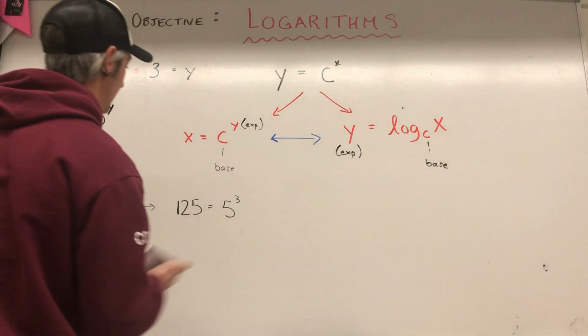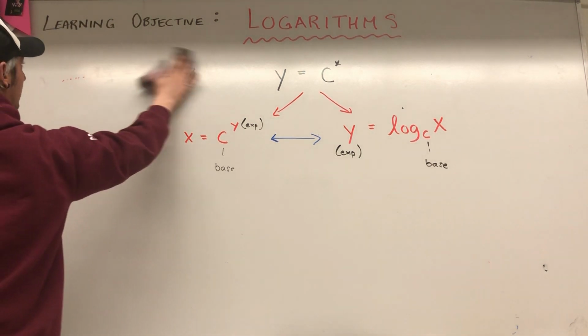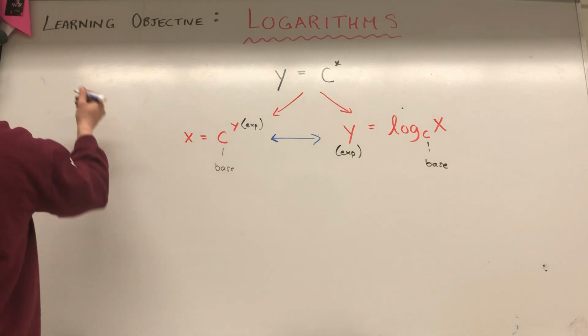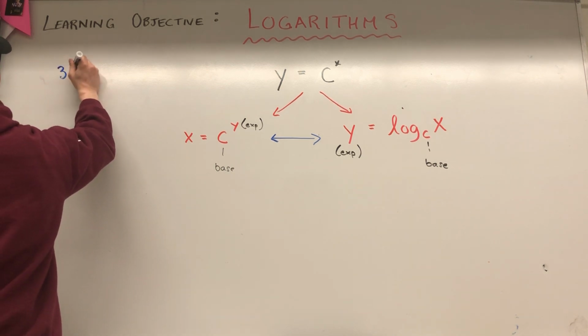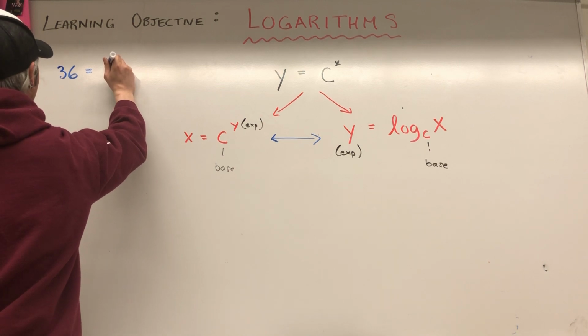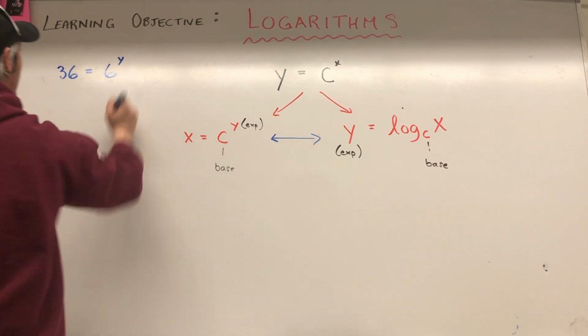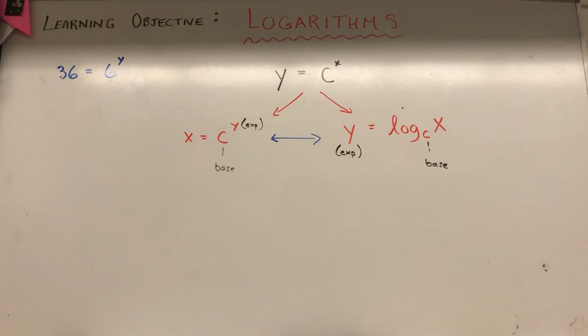So going the other direction now, if I gave you something like 36 is equal to 6 to the y, and I said write this in logarithmic form.